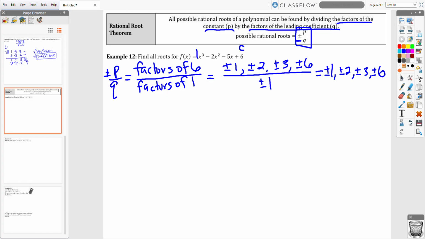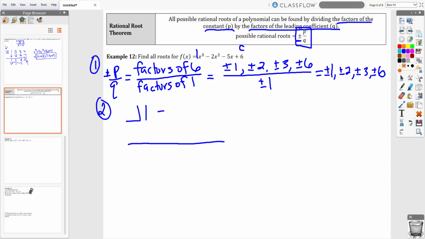So step number 1 is to list out all of the possible factors. These are our possibilities. Step number 2 is to test each of those possibilities until we get a remainder of 0. So we need to set up our synthetic division, and we just need to try those numbers. So remember, for synthetic division, the coefficients of our original polynomial need to go across the top.